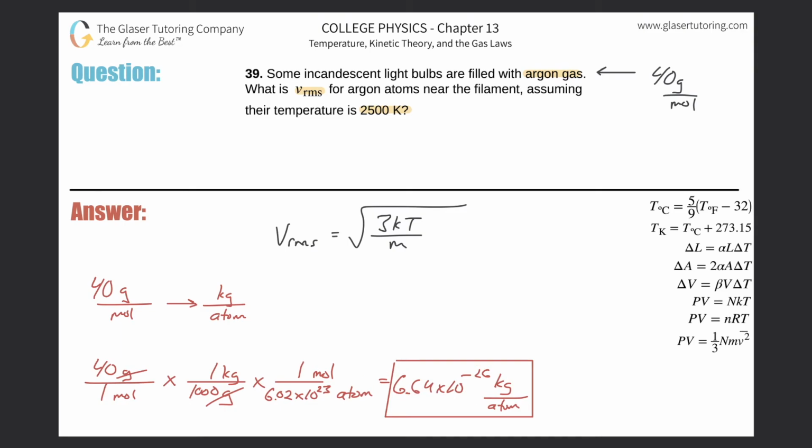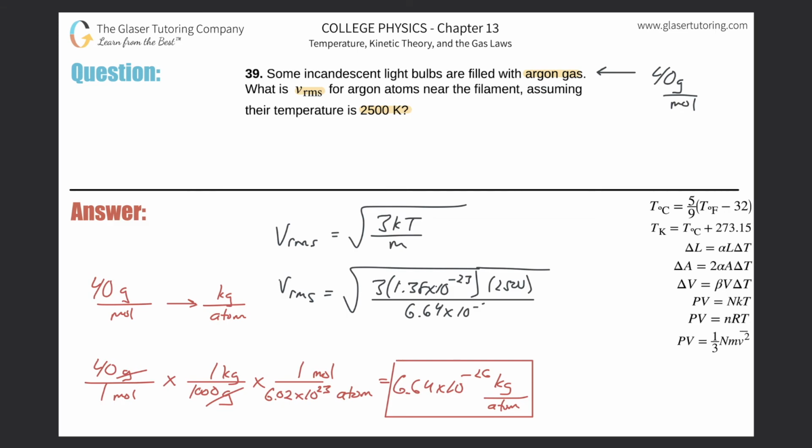Now the problem is simple. All we have to do is plug this in. V sub RMS will be equal to the square root of 3 times the Boltzmann constant, which is memorized, 1.38 times 10 to the minus 23, multiplied by the temperature, 2500 Kelvin, and then divided by the mass of a single atom, 6.64 times 10 to the minus 26.